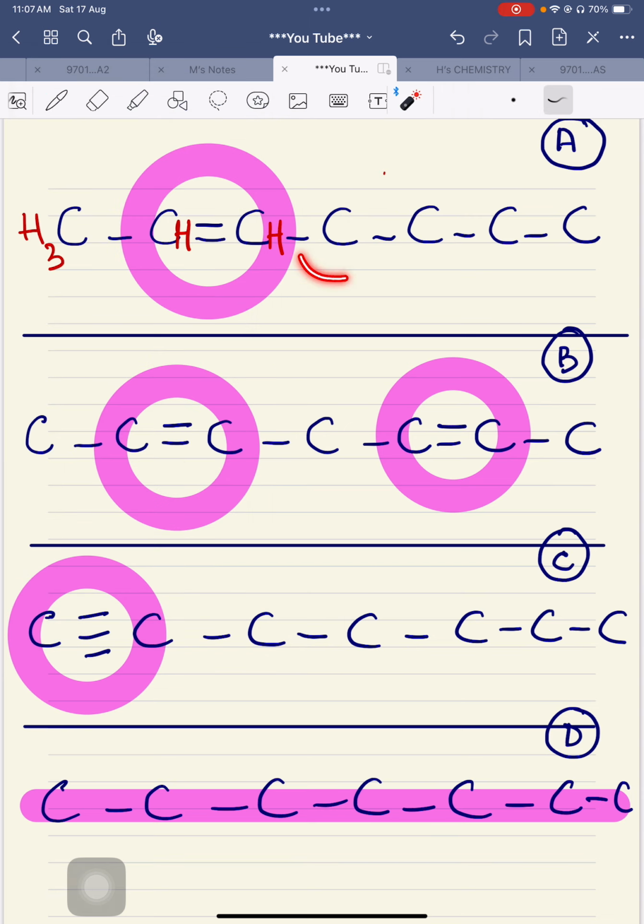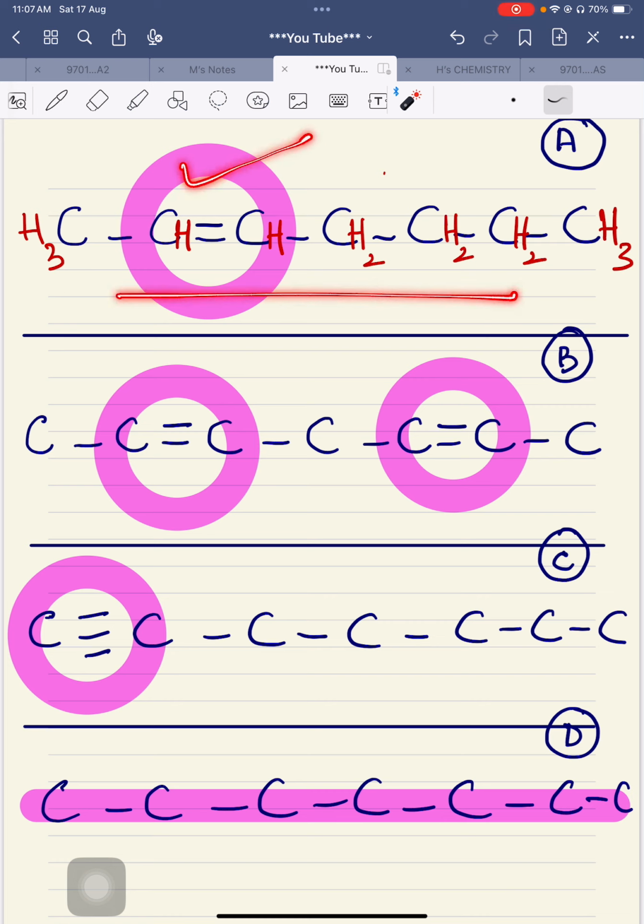It already has two bonds, so it is going to make two more bonds. So it is going to make two, it is also going to make two, whereas this will make three covalent bonds with three hydrogen atoms separately, because it has already made one single covalent bond with the previously present carbon atom.